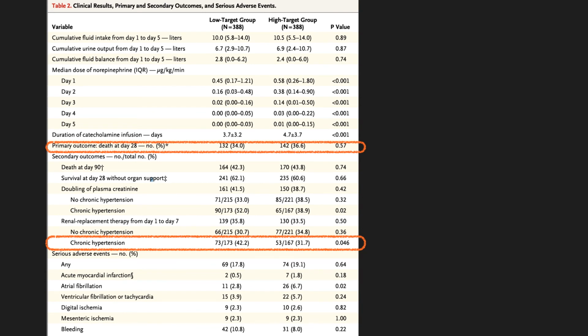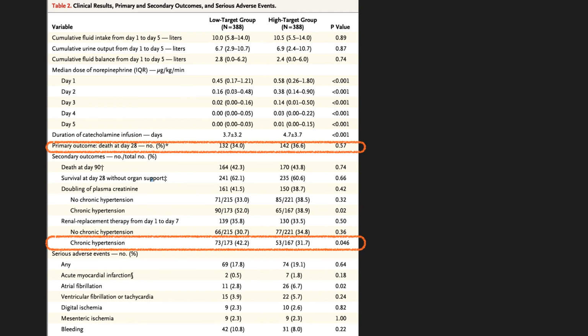And it's very interesting to see in the pre-specified subgroup that in patients with chronic hypertension, maybe they will benefit from a higher MAP goal because they have less risk of going to renal replacement therapy. The number needed to treat is around 10.